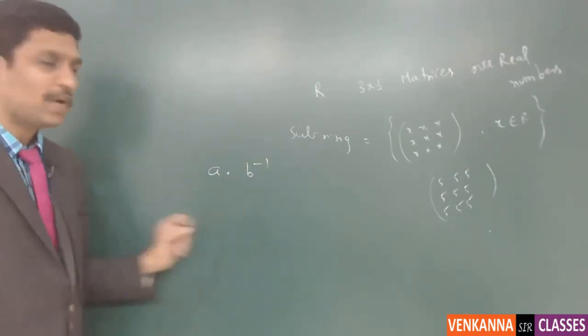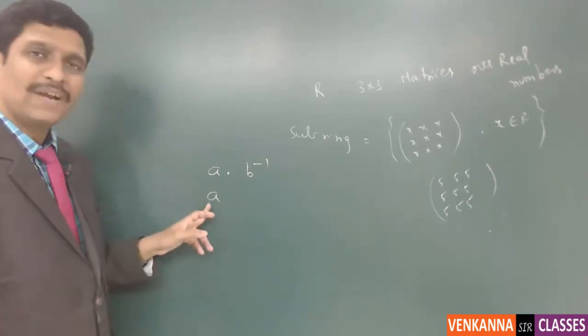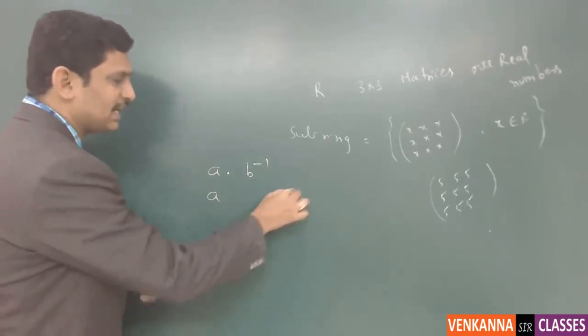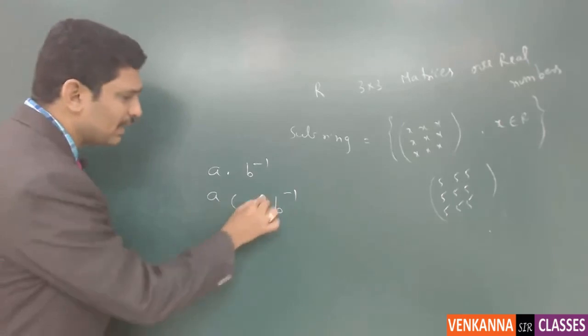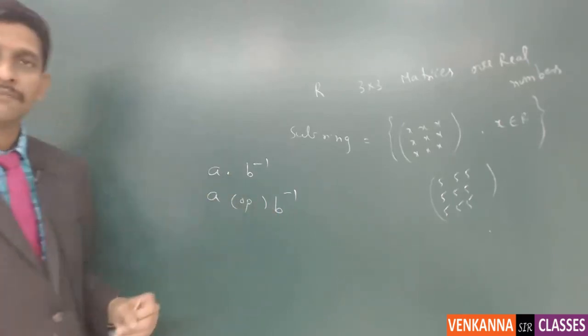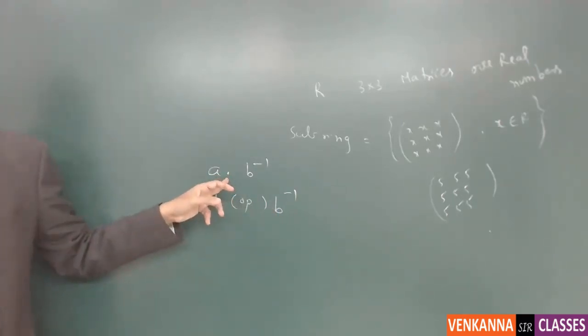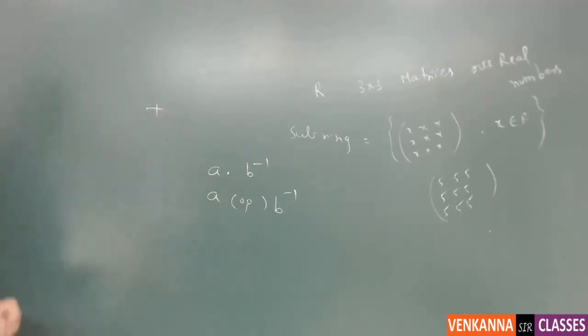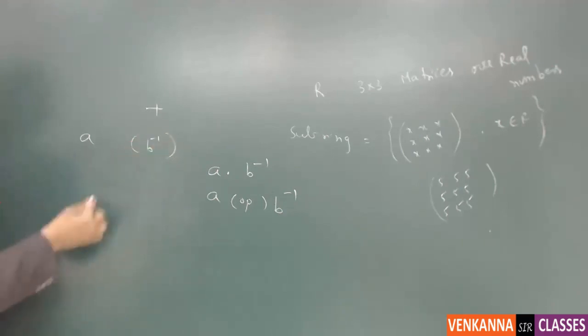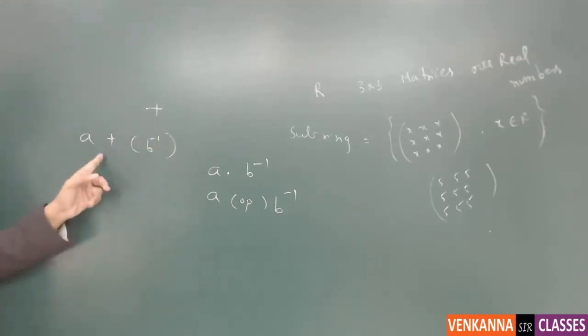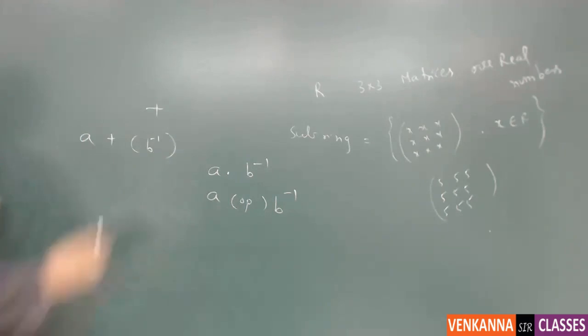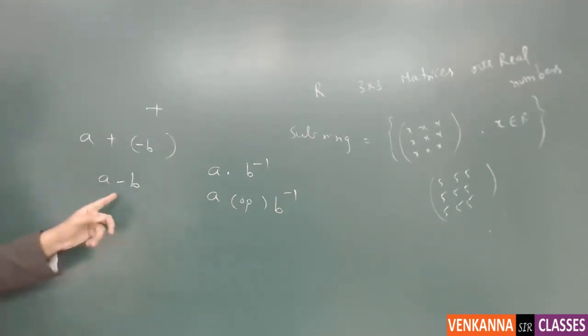Here you take the first element as it is, the second element's inverse, and in the middle you apply the operation. There the operation is dot. If you take the operation plus, you take the first element as it is, the inverse of the second element, with the operation plus. So here the inverse of B is nothing but minus B. So you are verifying A minus B.